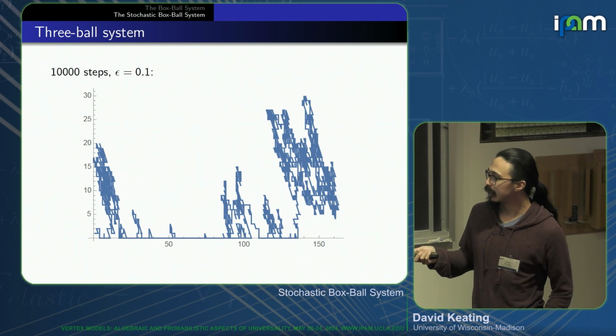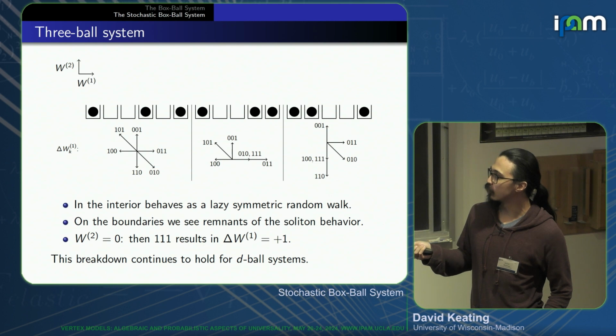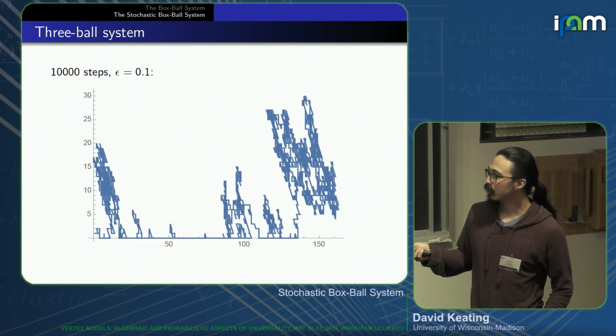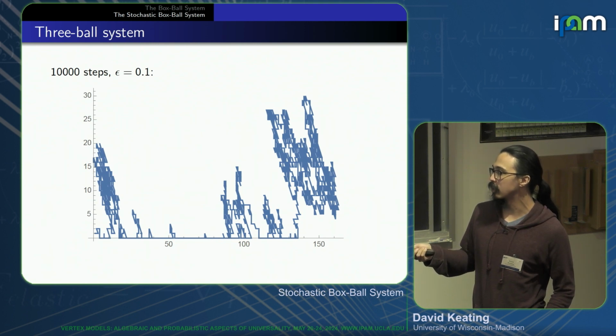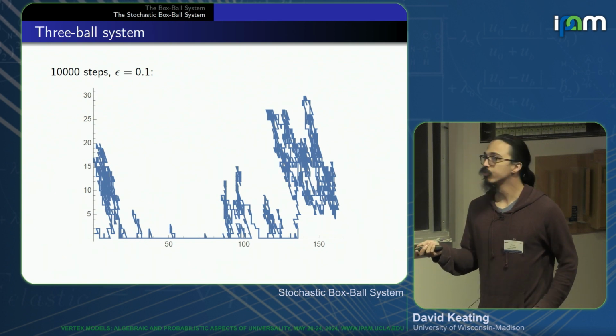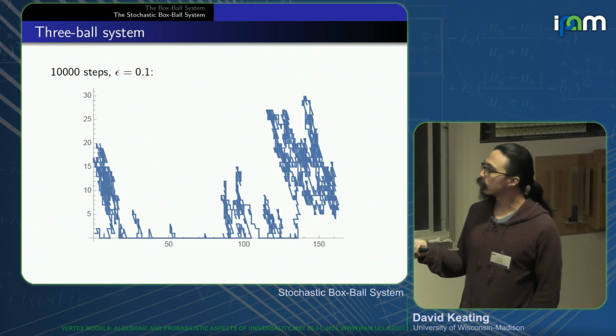And you see when you're hitting this axis, that's when you're in this case where there are 2 balls together. So they'll tend to speed up and push you further along this axis. So you hit the axis, stay there for a while, then you leave the axis and meander around. Then when you hit the axis again, you speed to the right some more. So this is what happens when epsilon is small.